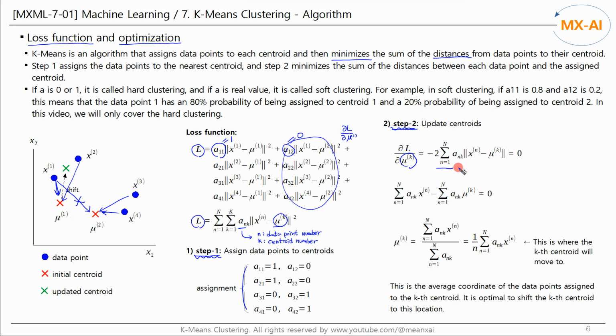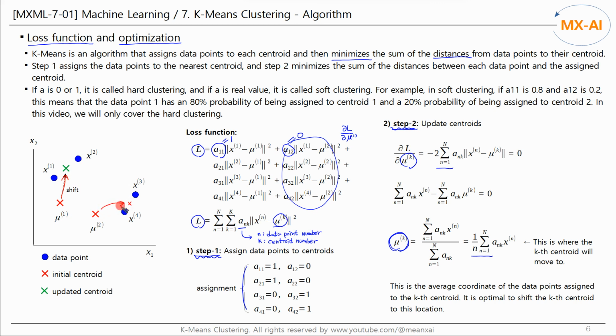Then mu k becomes like this. This is the average coordinates of the data points assigned to centroid k. Therefore, moving the centroid to this location minimizes the loss function. In this figure, it is optimal to move the first centroid to this location, and the second centroid to this location.